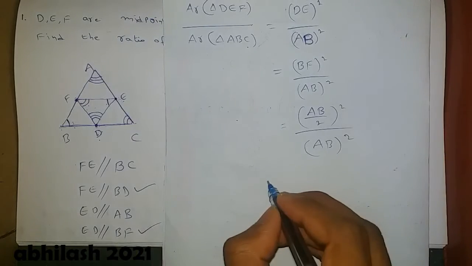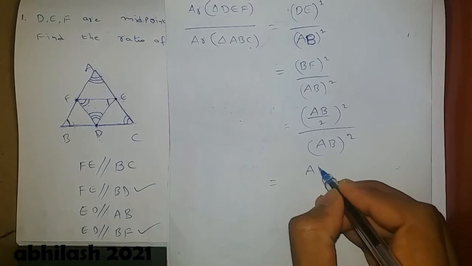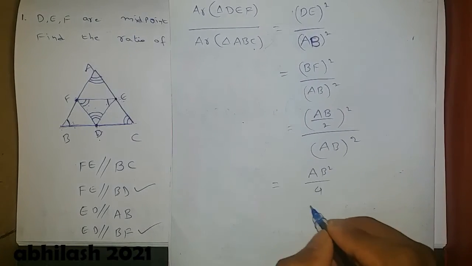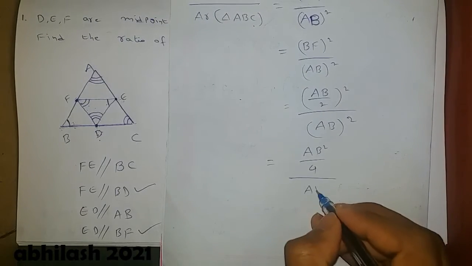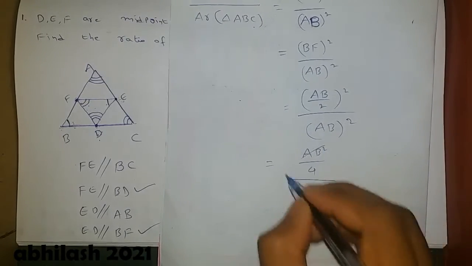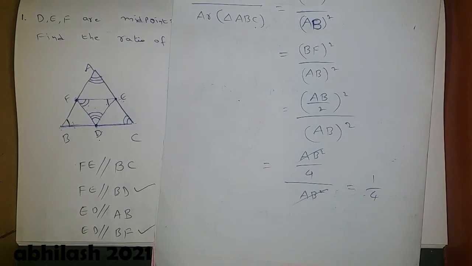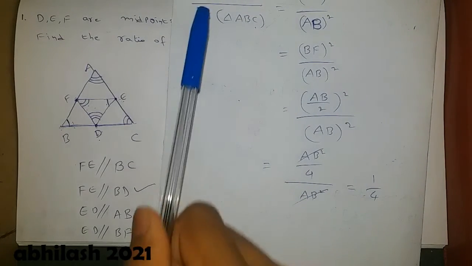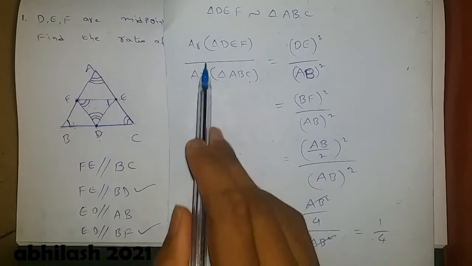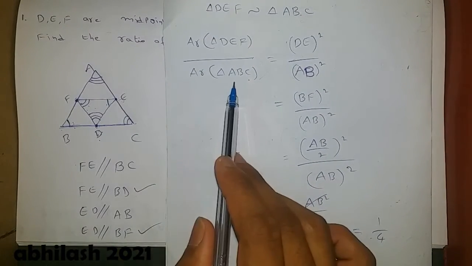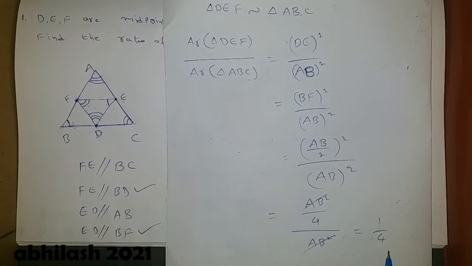So now we will get AB square divided by 4, whole divided by AB square. AB square will get cancelled, so we remain with 1 by 4. So area of triangle DEF divided by area of triangle ABC is equal to 1 by 4.